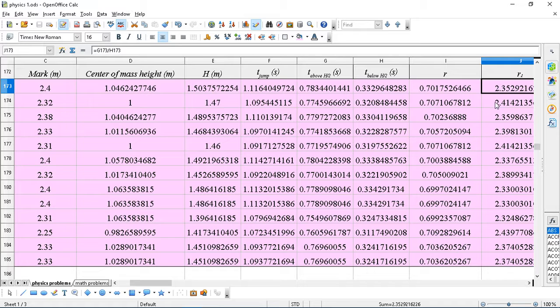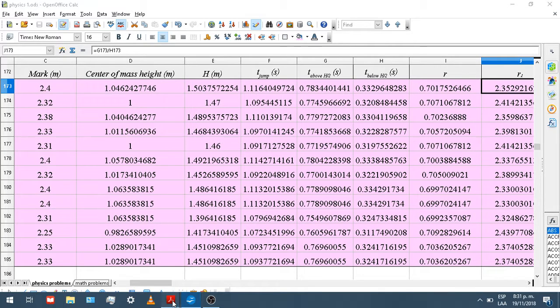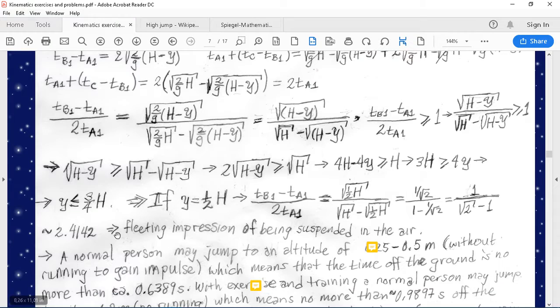As you can see, only for those cases in which the center of mass corresponded to the assumed height of the landing mat are those values for those ratios equal to the value estimated here, 2.4142.